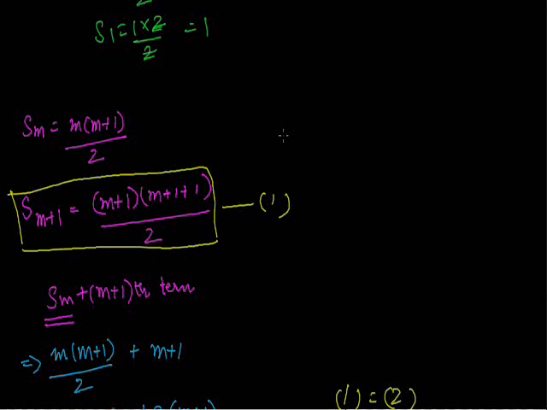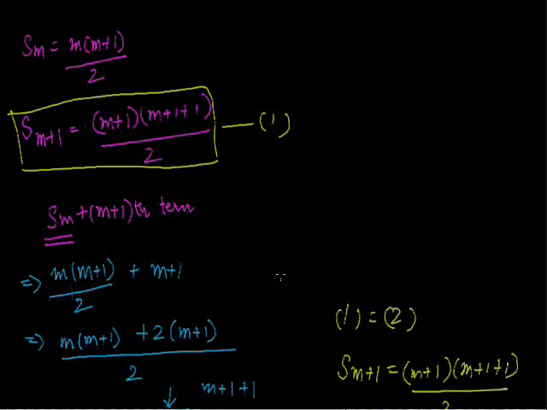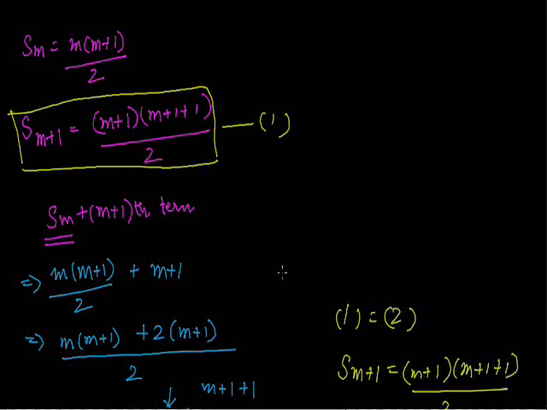Now assuming that it is true for m, so Sm is equal to m into m plus 1 by 2. Using that Sm is true, we will prove that S of m plus 1 is true. If we add the m plus 1th term to it, it will be m into m plus 1 by 2 plus m plus 1.